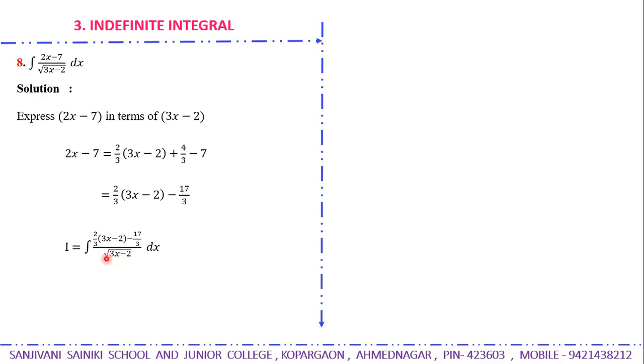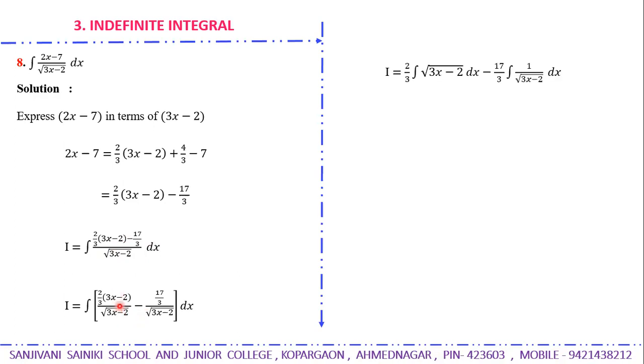Then I will divide this separately over root of (3x minus 2), the first factor and the second factor. Here one root will be cancelled and one will remain. So we get 2 by 3 integral of root (3x minus 2) minus 17 upon 3 integral of 1 upon root (3x minus 2). In the next step it becomes (ax plus b) raised to n, so I have to use the formula (ax plus b) raised to n plus 1 upon n plus 1.